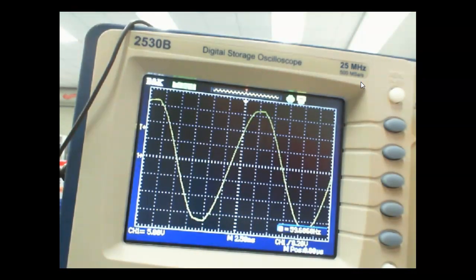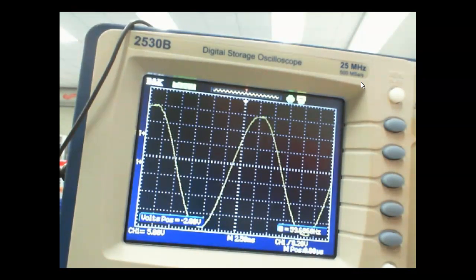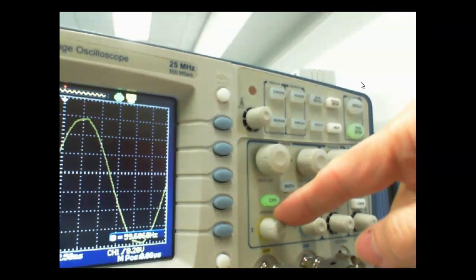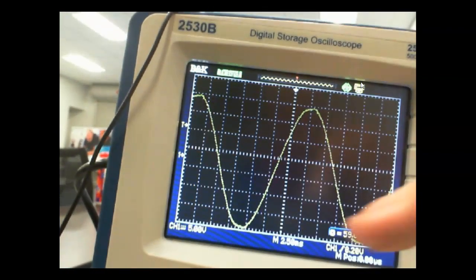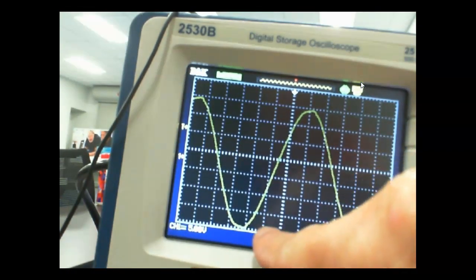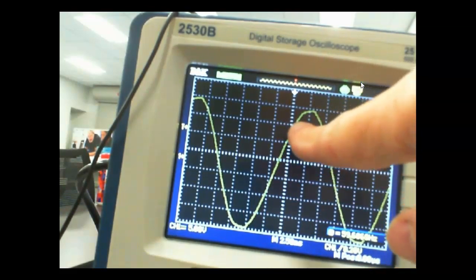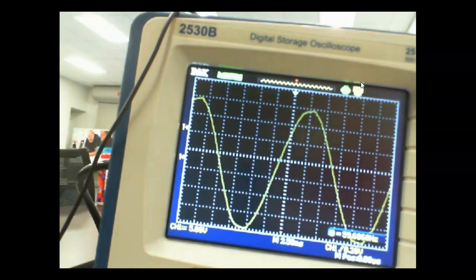So I'm going to take the vertical position for channel 1 and move it till I get it on the line. I'm going to count 1, 2, 3, 4, 5, 6. Wow, it's almost perfect. It looks really close to 7 divisions. I have it on 5 volts per division.